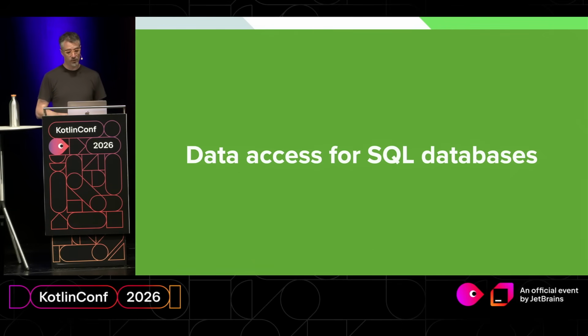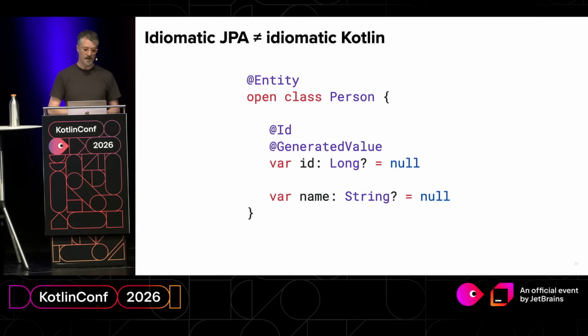Data access for SQL databases. We had discussions with JPA experts, Kotlin teams, Spring Data teams, etc. At the end of the day, we need to accept, even if that's a bit painful, that idiomatic JPA is by design not compatible with idiomatic Kotlin.